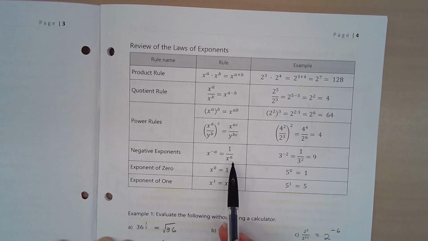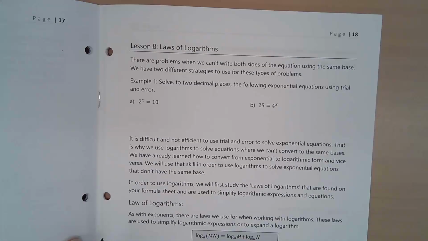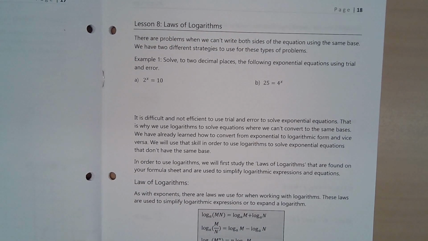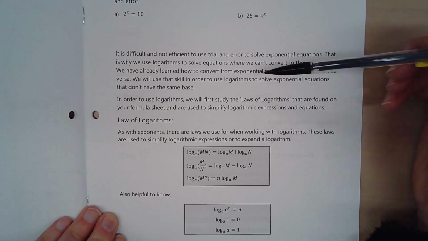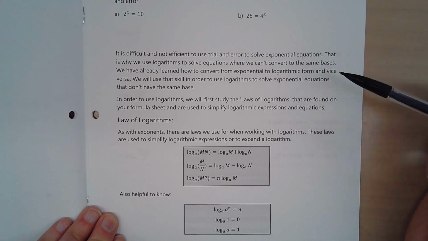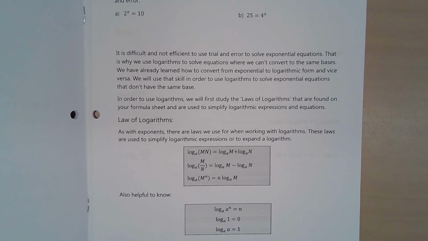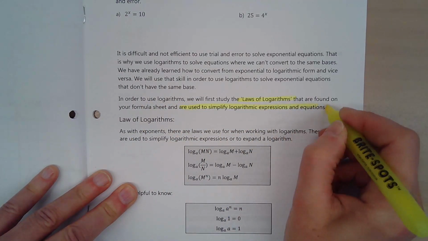I think those are the ones I really want to highlight here, because guess what? In the world of logarithms, we have laws of logarithms as well. So I'm going to come back to example 1. But if we read the text here, it basically says the laws of logarithms are used to simplify log expressions and equations.